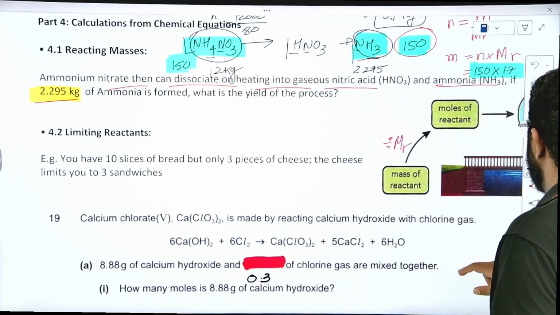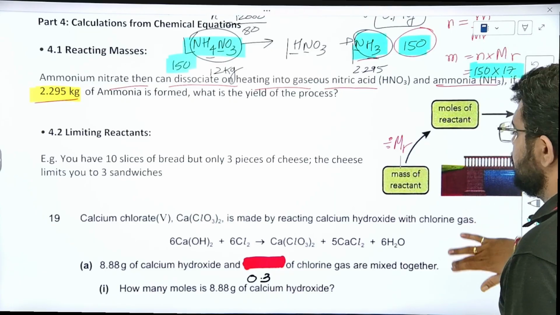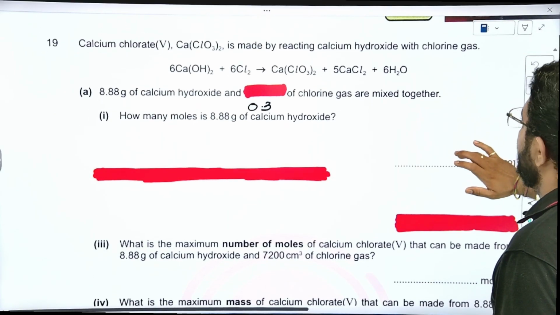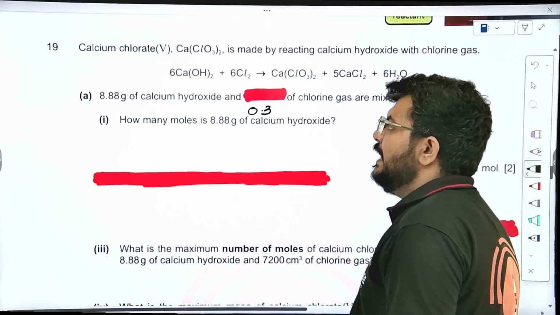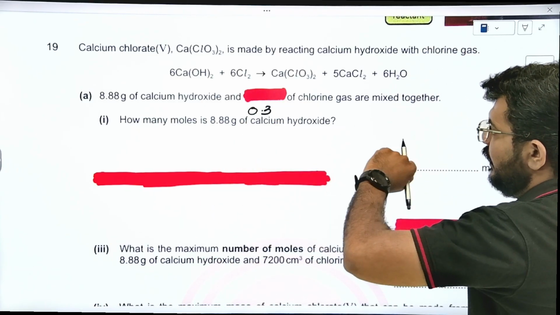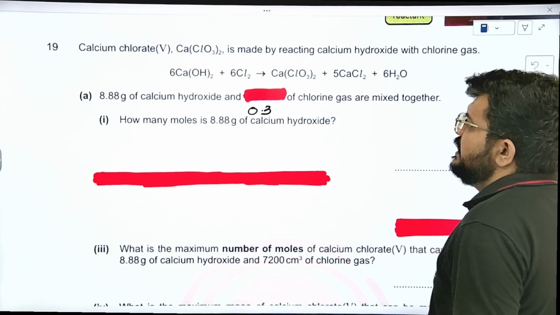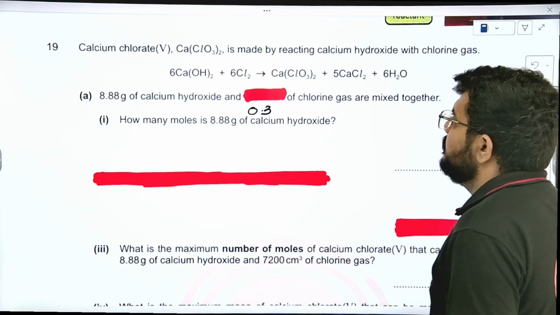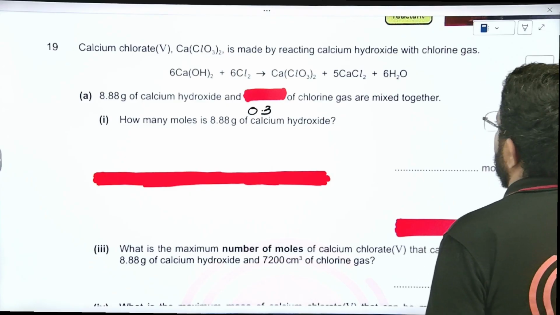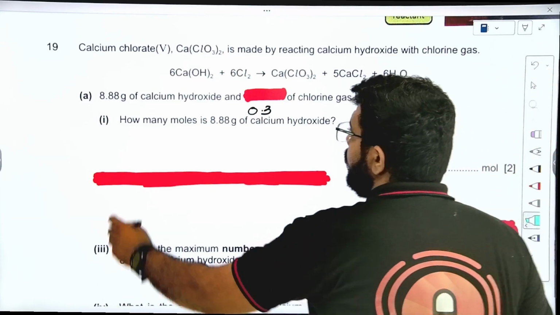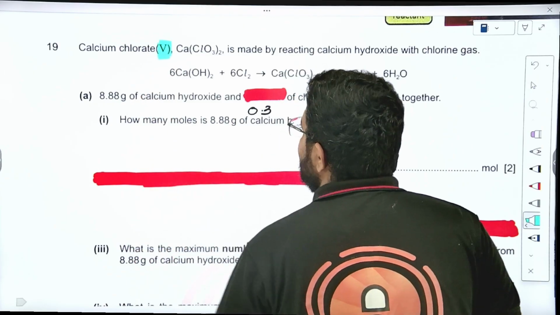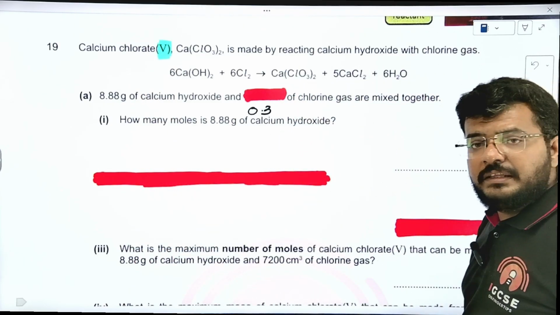Okay, now there is a simple question for us to understand this very effectively, right? Calcium chlorate(V), Ca(ClO3)2, is made by reacting calcium hydroxide with chlorine gas. This 5 is the valency of chlorine in this compound.